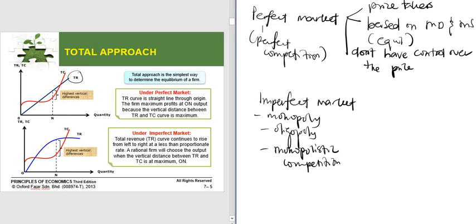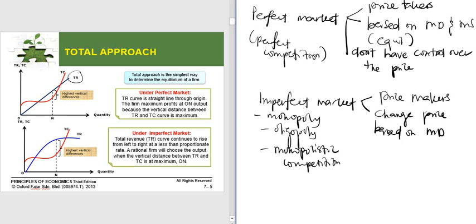So what are the characteristics of imperfect market? Imperfect market is a market in which the sellers or the firms are price makers. Basically, they can change the price of their product based on the market demand or individual demand of the product.